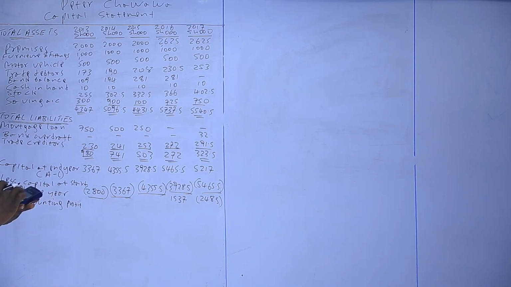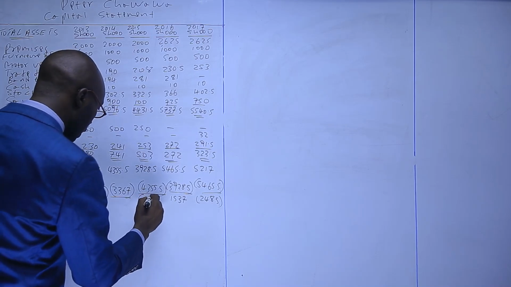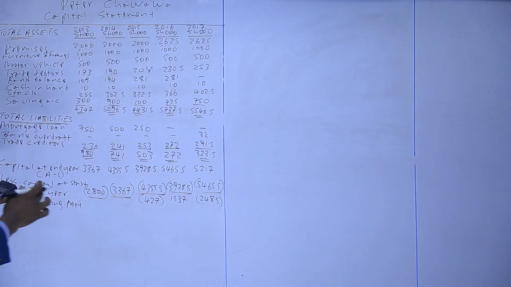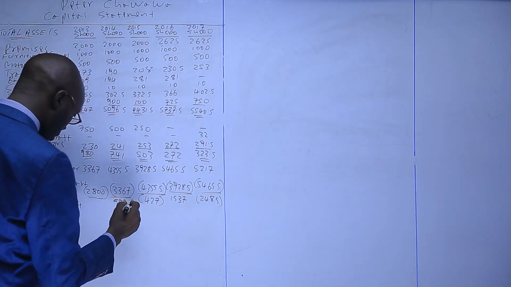Next, this one, 4355.5 minus 3367, 988.5.